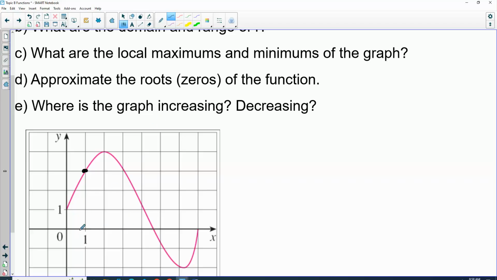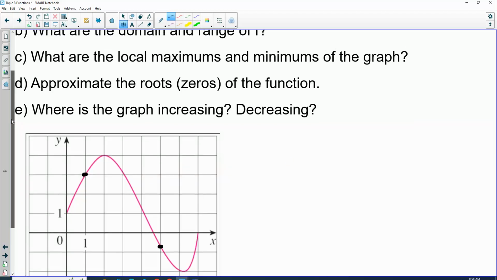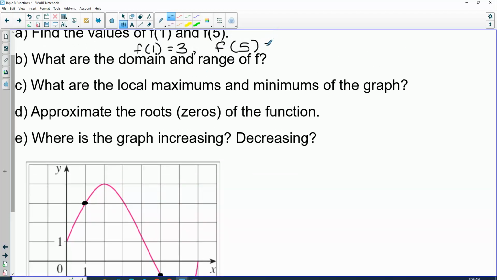So f of 5 means x is 5, so we need the y. We kind of have to estimate there, so negative 3/4, negative 2/3, something like that. So something close to that. Negative 0.7, you know, if you're in the ballpark.